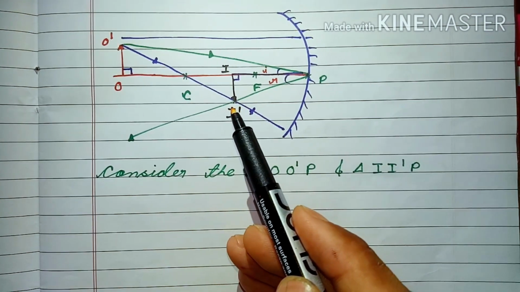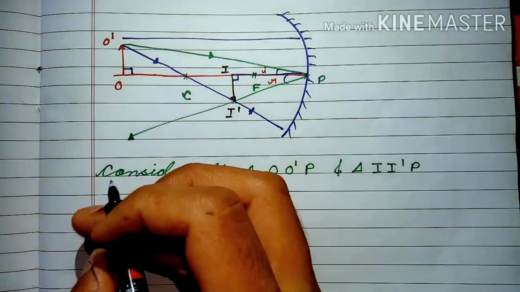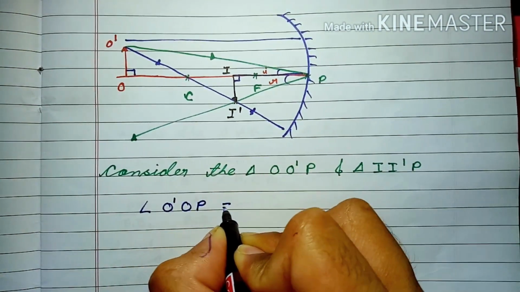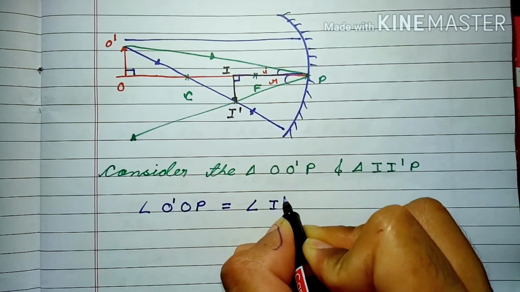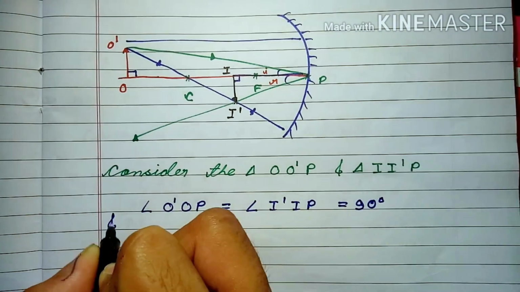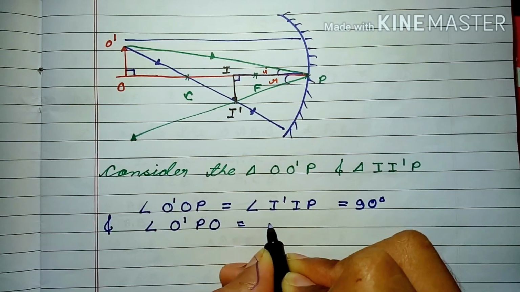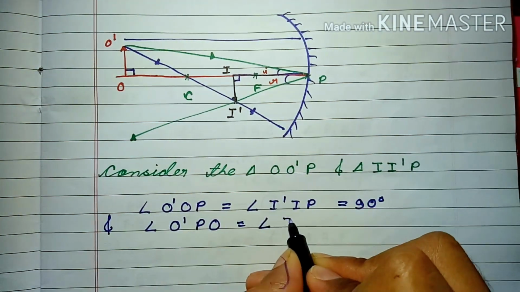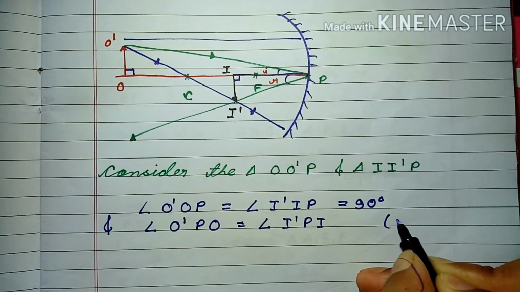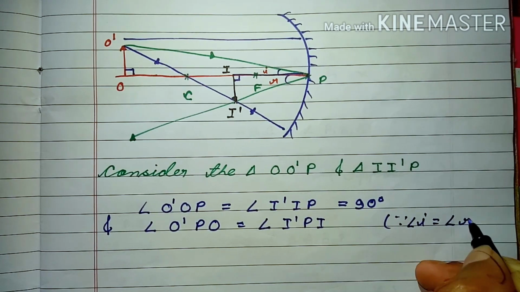So the ratio of their corresponding sides are also equal. Here the angle O dash OP is equal to the angle I dash IP because these are 90 degree, and angle O dash PO is equal to angle I dash PI since the angle of incidence is equal to the angle of reflection.